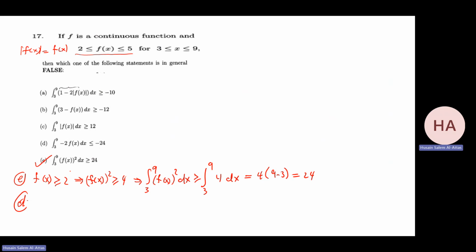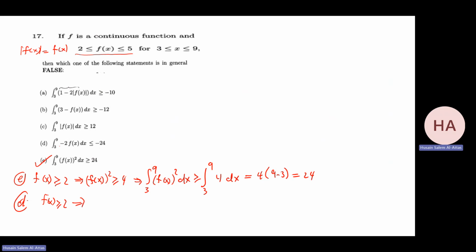I know f of x, I want it less than, so I'll take the other way. Yeah, I want the less than. Since I'm multiplying by minus, I'll take the upper. So f of x greater than or equal to 2.